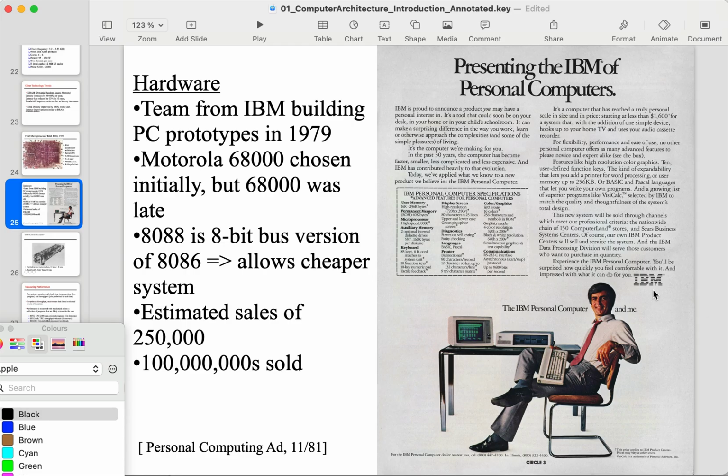IBM was a big contributor to many of those processors. A team from IBM was building personal computer prototypes back in 1979. The Motorola 6800 project was chosen initially. The first 8-bit bus version was called the 8088.